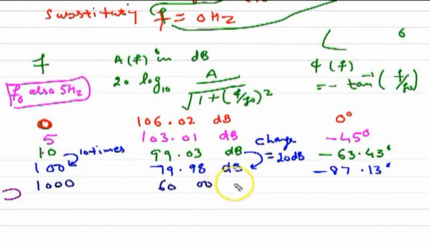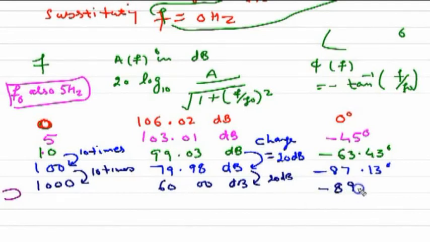It becomes 60 with the frequency increase of 10 times, whereas the phase angle, which was increasing in negative value, is now minus 89.71.